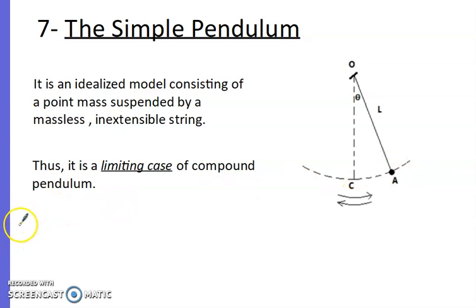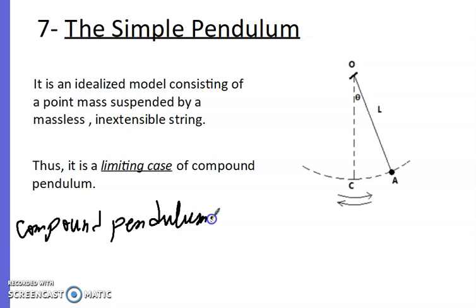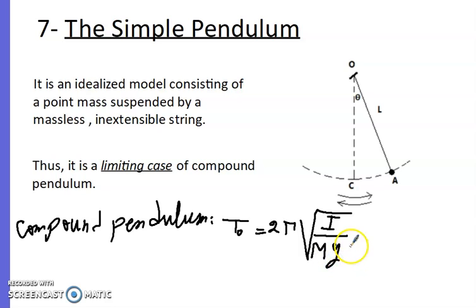Now, the natural period of the compound pendulum, you know, it is T0 equal to pi radical I, which is the moment of inertia of the pendulum, over m, which is the total mass of the pendulum, g, gravity of the planet, and a, where a represents the position of the center of mass relative to the axis of oscillation.